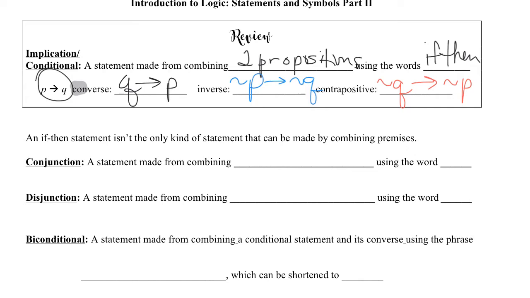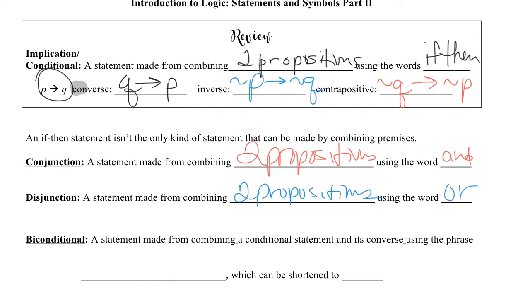A conjunction is a statement made from combining two propositions using the word and. A disjunction is a statement made from combining two propositions using the word or.